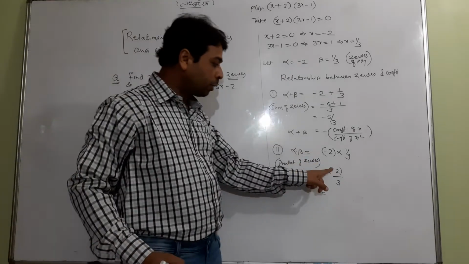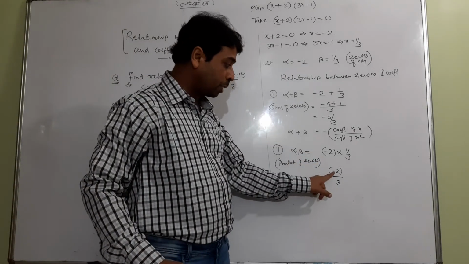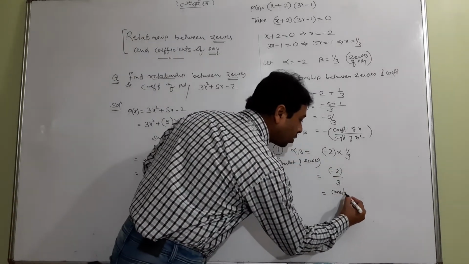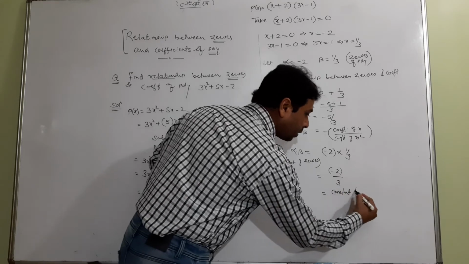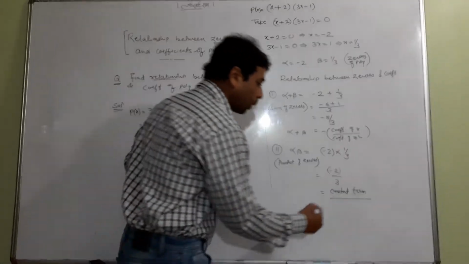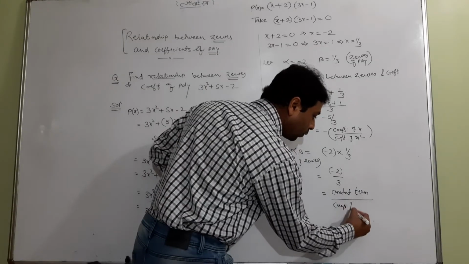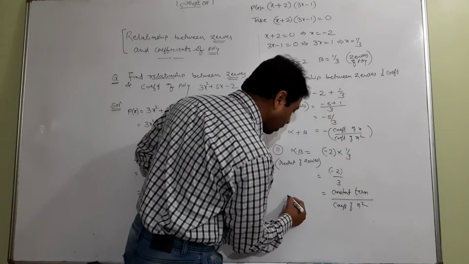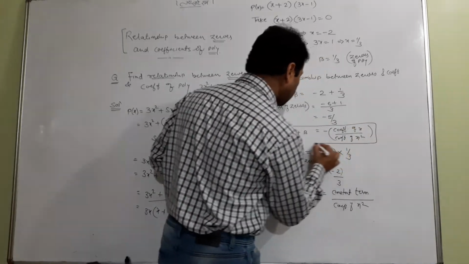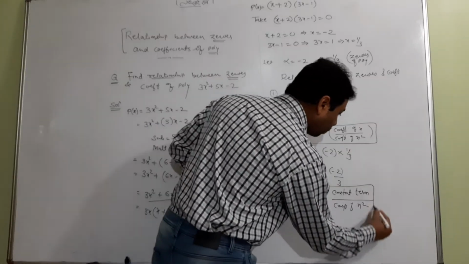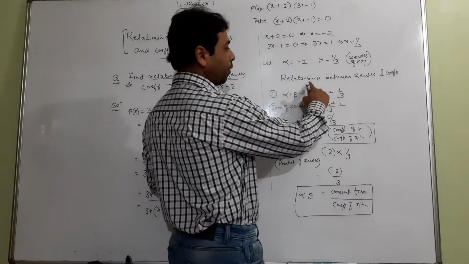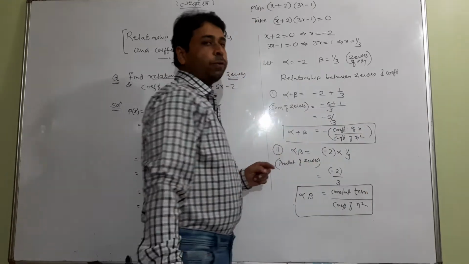Sometimes students write a minus sign here. Don't do this, because minus 2 is the constant term. So instead of minus 2, I will write constant term upon 3, again the coefficient of x square. So this is alpha into beta, and these two terms, first this one and second this one, are the relationship between zeros and coefficients.